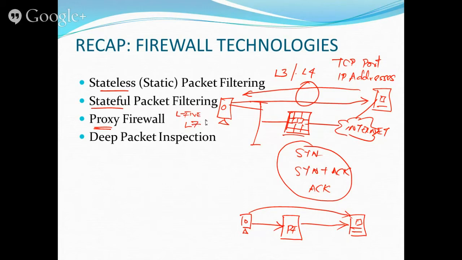Now, deep packet inspection, when we get to the ASA, we'll find out that the ASA has static, stateful, and then deep packet inspection. Deep packet inspection also happens at layer 7, or it can also see into layer 7 packets, but it goes all the way from layer 3 to layer 7.